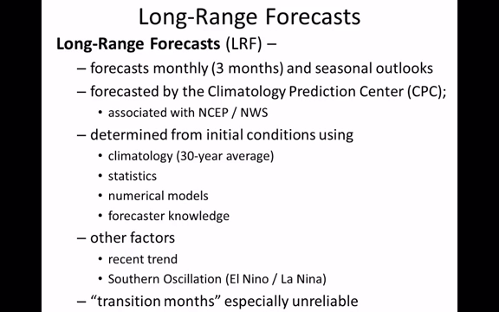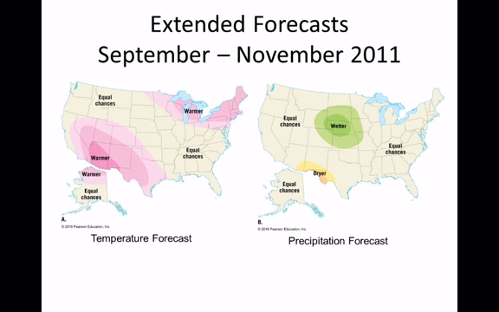The movie The Day After Tomorrow, I think I already said this before, the father figure was actually a climatologist. Things that could affect forecasts out for months would be the El Nino La Nina cycle. Notice your textbook says that when you're transitioning between seasons, it's especially not very accurate.